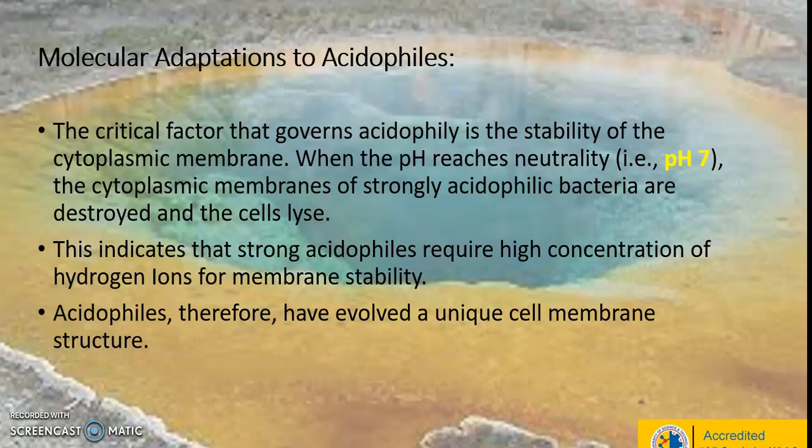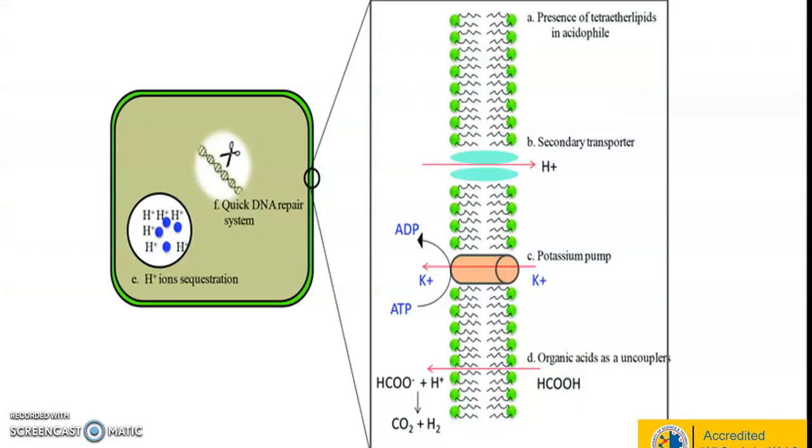When the pH reaches neutrality, that is pH 7, the cytoplasmic membranes of strongly acidophilic bacteria are destroyed and the cells lyse. This indicates that strong acidophiles require a high concentration of hydrogen ions for membrane stability. Acidophiles therefore have evolved a unique cell membrane structure.